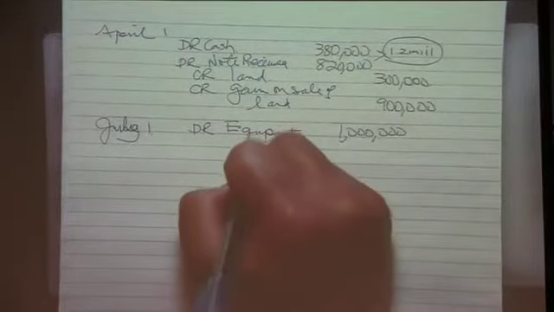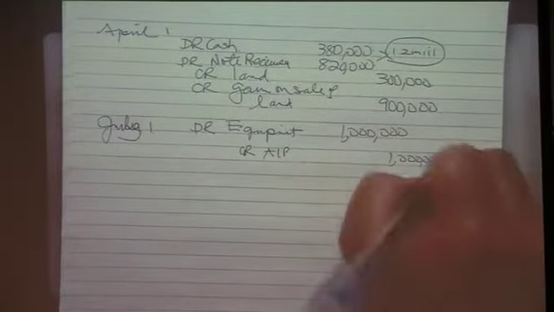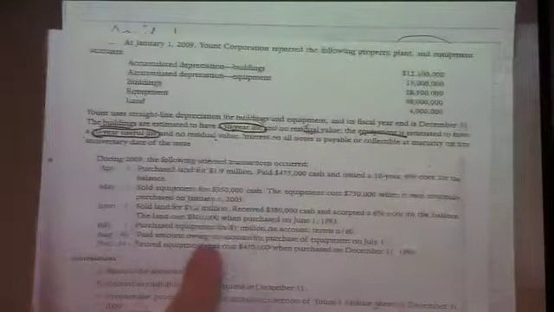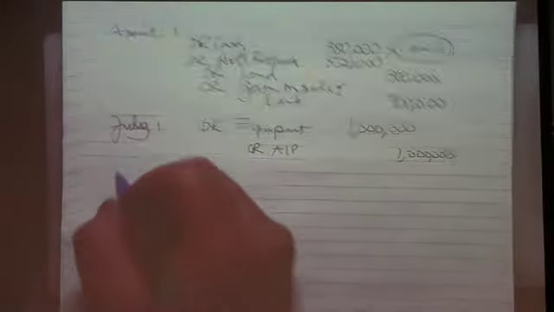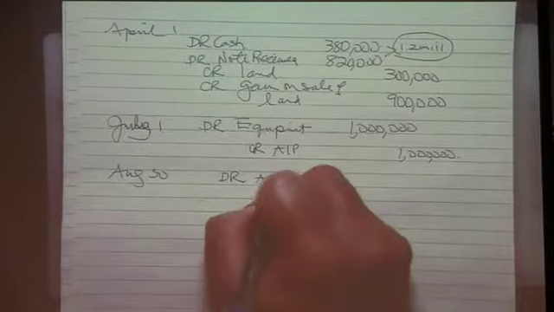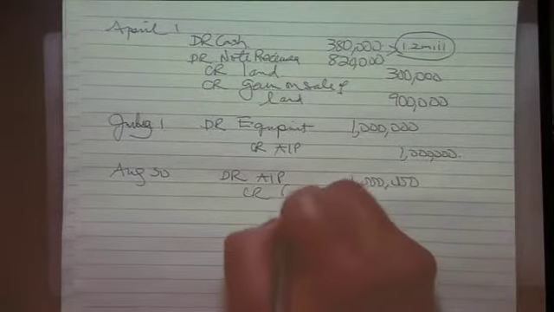Credit accounts payable, $1 million. And then it says on August 30th, we pay the amount owing on the purchase of the equipment. So on August 30th, we're going to debit accounts payable, $1 million. Credit cash, $1 million.